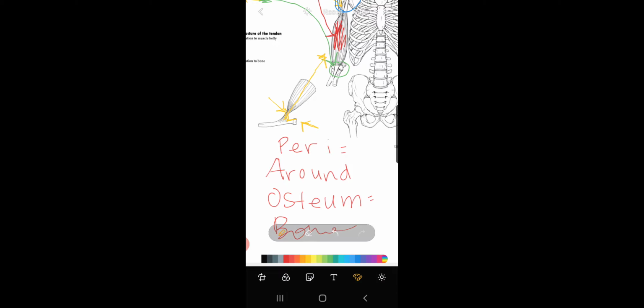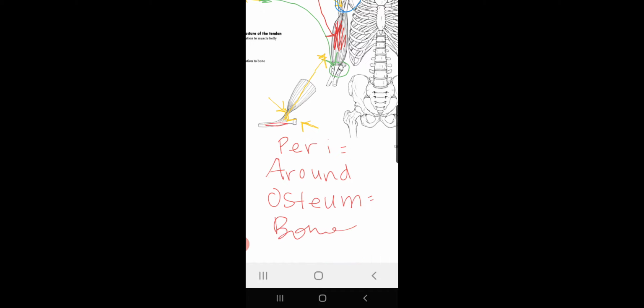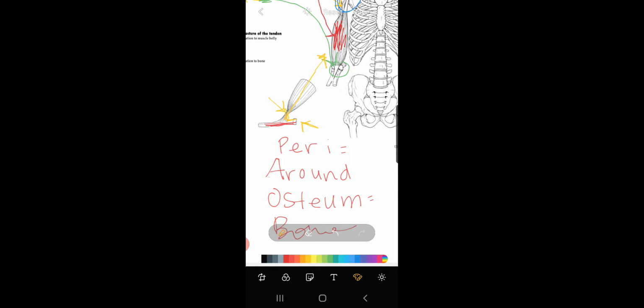Whoa, I had to do that in cursive, otherwise stuff would have popped up. So, periosteum is the fibrous structure around the bone, and it protects and gives nutrients to the bone. So the tendinous tissue is actually going to interweave with the periosteum, and it'll go even a little bit deeper into the compact bone, which is this compact bone surface here. So that's the importance of a tendon to the bone.